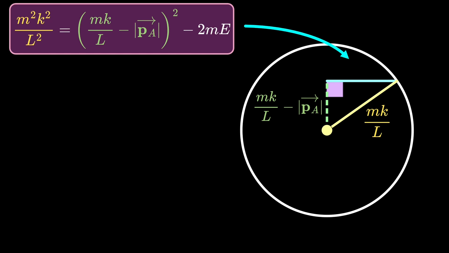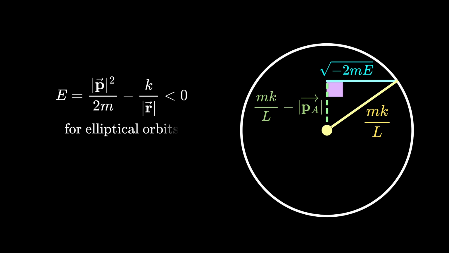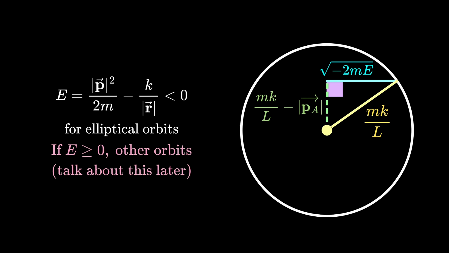Basically, this is the Pythagorean theorem on this right-angled triangle, and we can determine the length of this blue segment, which is square root of minus 2mE. It can be jarring to see a negative sign in the square root, but rest assured that E is negative for an elliptical orbit, so we are fine. If E is not negative, we need to modify the analysis, and I will talk about it at the end.